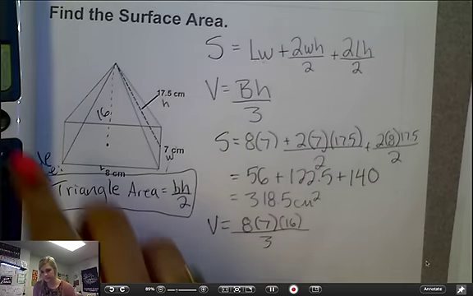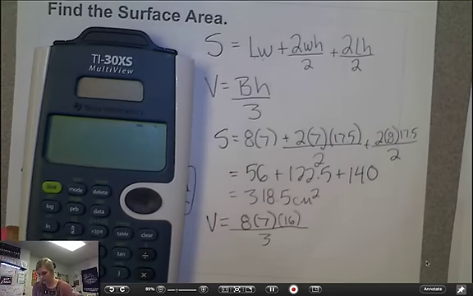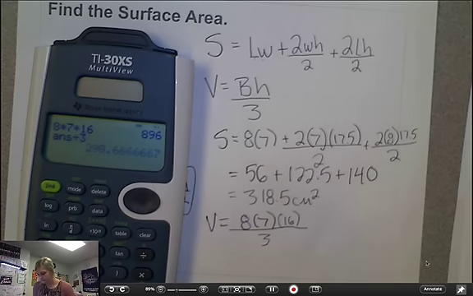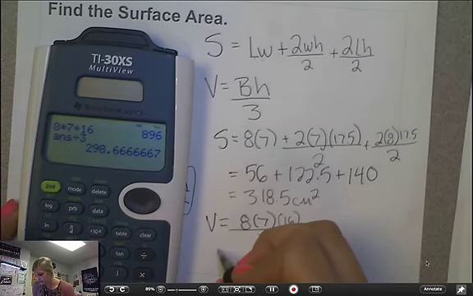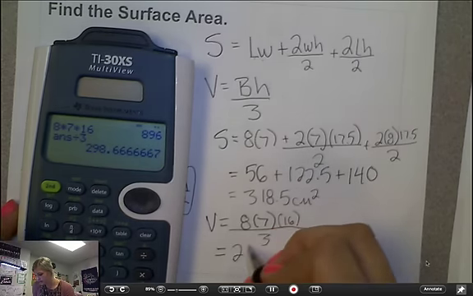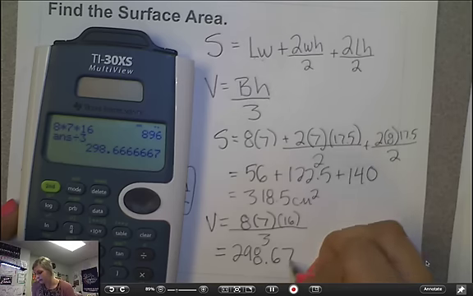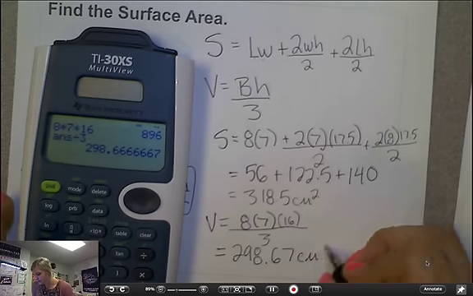So typing that in, 8 times 7 times 16, and divide that by 3. And you should get the volume is 298 point, I'm going to say 67, I'm going to round this, centimeters cubed.